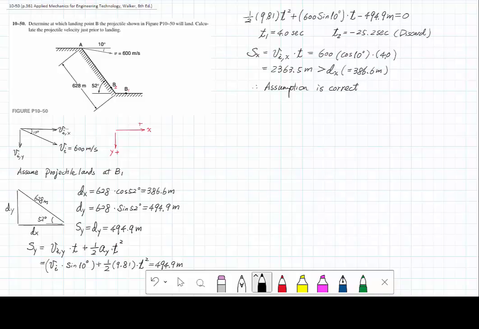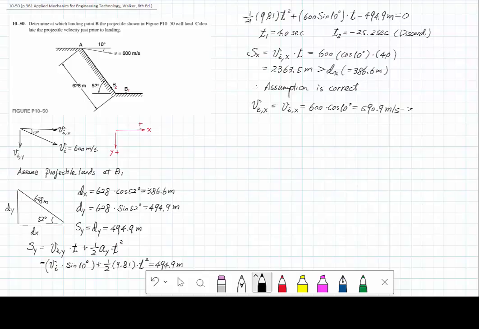Before that, VB in the x direction should equal, well, remember this is a constant velocity in the x direction, so Vix, and this is again 600 times cos 10 degrees. The calculation comes out with 590.9 meters per second, and it's going to the right.